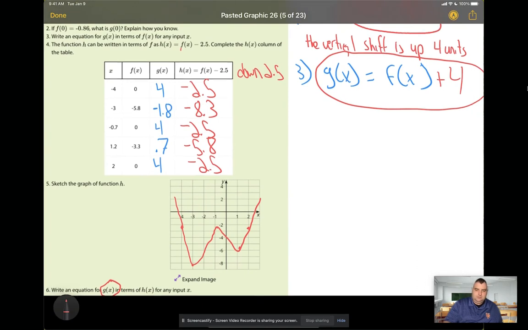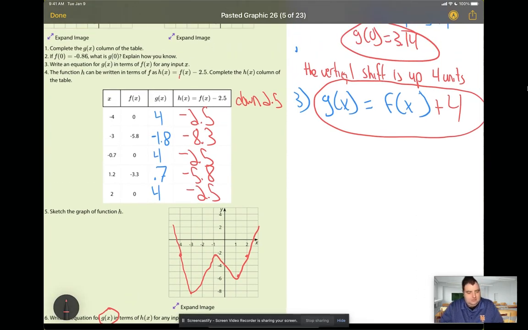When I write my equation here, I'm going to do number 6 over here again. This is going to be a vertical shift down 6.5. If I'm comparing g and h, it's a vertical shift down 6.5.